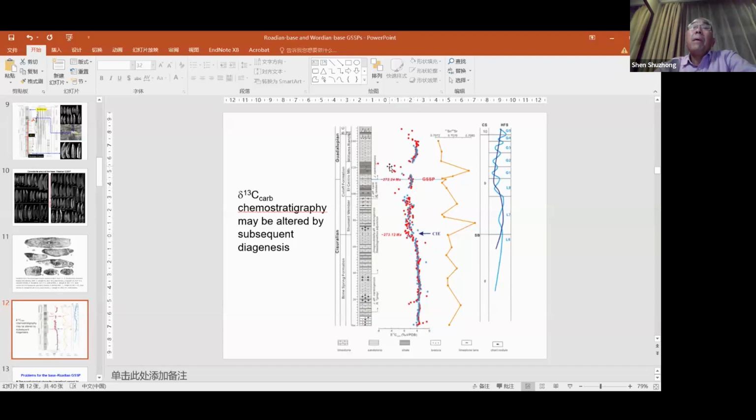But that negative shift has not been found anywhere else. So we interpreted it as probably the oxidation of organic material from the black shale, making that negative excursion. So it's not useful for global correlation.